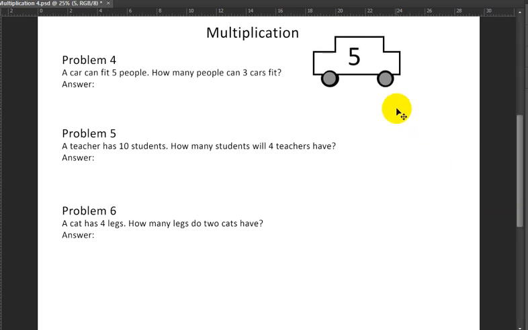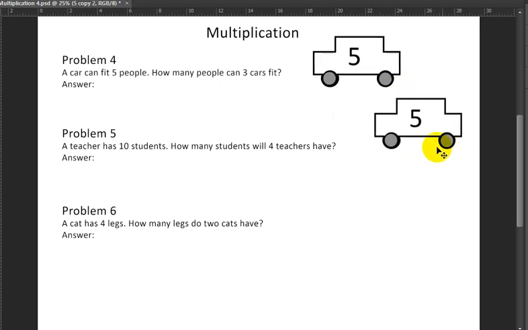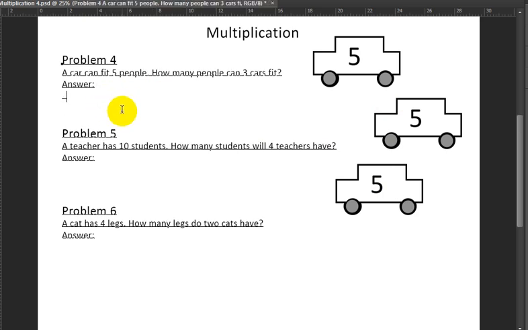So this car has 5 people in it. You can't see the people inside because the windows are too dark. So this car has 5 people, and then we're being asked how many people will be in 3 cars. So 1, 2, 3. Well, the answer is going to be 5 and 5 and 5. 5 plus 5 plus 5. Or as a multiplication, 3 times 5.